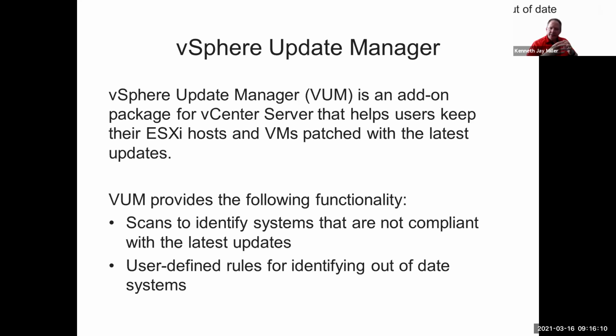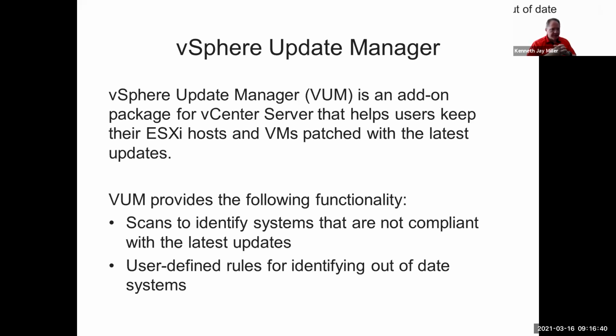So we really don't get into the updating of our ESXi servers, but in a regular environment, you would make sure that's part of your management and optimization of your environment. So VUM can provide the following functionality. It will scan your systems and find out which of those host machines, either the ESXi hypervisor or the virtual machines within the hypervisor, are not updated.